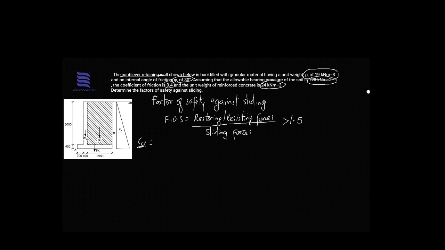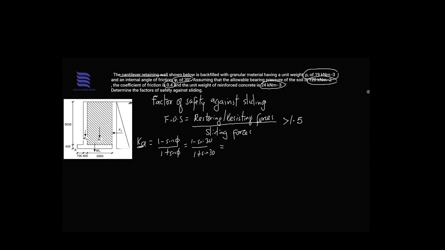So we have a formula to find that, and that is simply 1 minus sine phi, or sine theta, that has been given, over 1 plus sine of the angle of internal friction that has been given. Alright, so this is simple. We have 1 minus sine 30 over 1 plus sine 30.